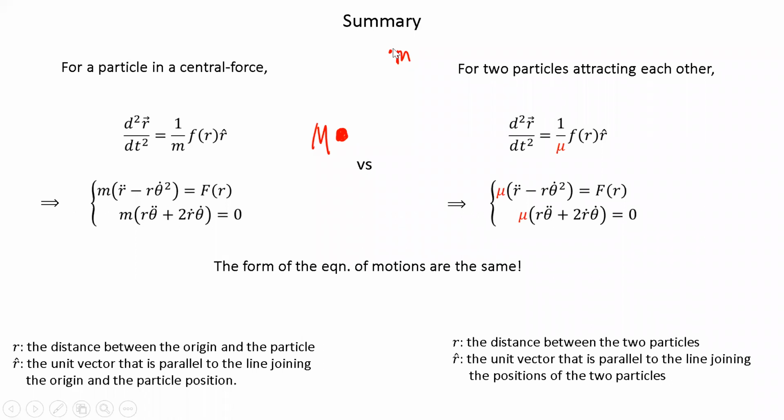So in this case, the reduced mass, as I define, is given by small m times capital M divided by small m plus capital M, and it can be written as this.